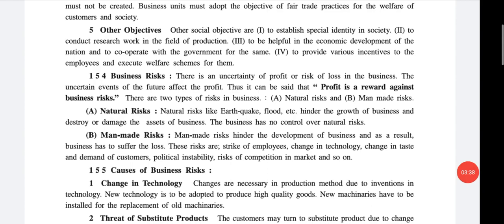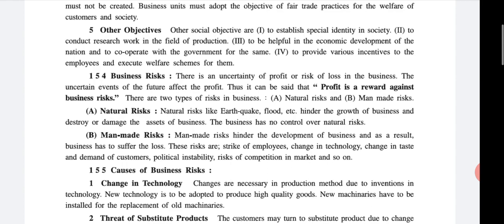Other objectives related to society are to establish a special identity in society, conduct research work in the field of production, help in economic development of the nation and cooperate with the government, and provide various incentives to the employees and execute welfare schemes for them. So there are two main types of objectives: in economic there are 3, and in social there are 5 objectives.